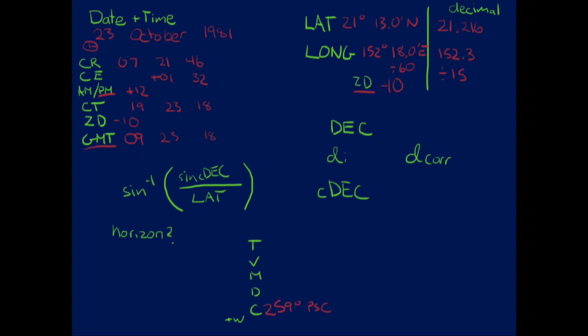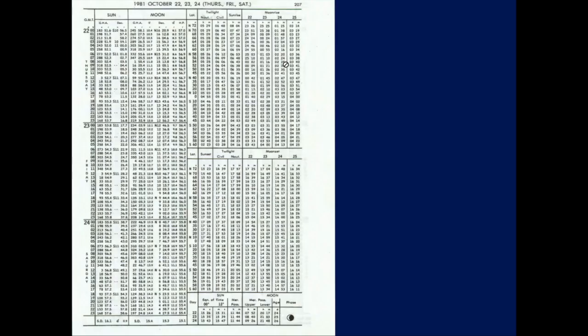Okay. Now we'll go ahead and bring up this copy of the Nautical Almanac page. We're looking at 1981, October 23rd. We want to make sure that we're in the sun column. They have a couple different pages for each day.